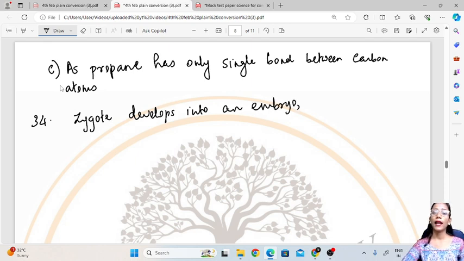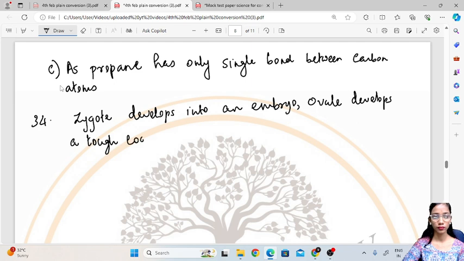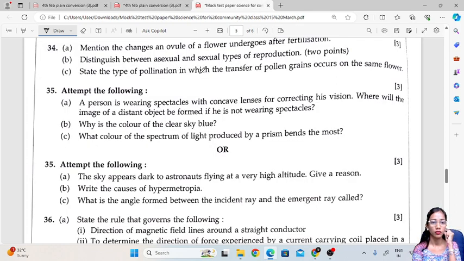And after that the ovule develops a tough coating, which is then called the seed. So these are the developmental changes.